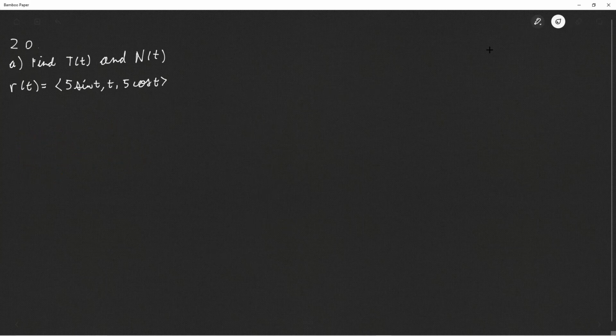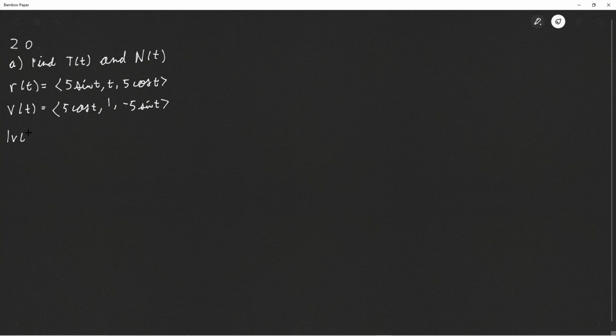So now we have question 20, which gives us our r of t is equal to 5 sine of t, t, and 5 cos of t. So again, our first step is always going to be finding the velocity and the magnitude of the velocity. So our velocity here is going to be equal to 5 cosine of t, 1, and negative 5 sine of t.